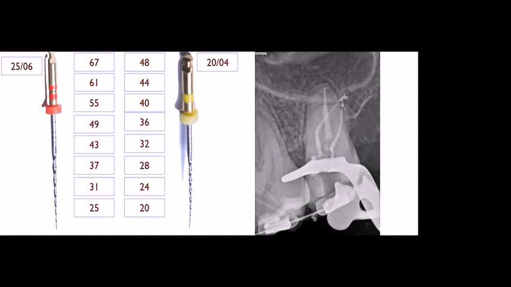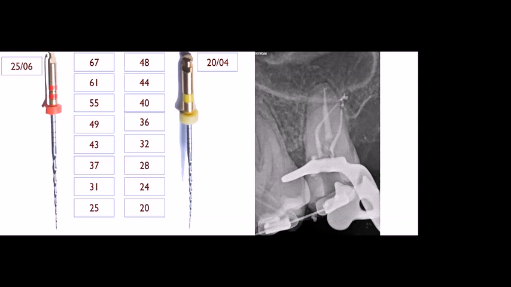It's 20 versus 25. But as the 25/06 has a taper of 06, if the curvature is located 7 millimeters short of the major foramen, as in this case, the diameter of the file at that point is 67. On the other hand, if we use the 20/04, the diameter of the file 7 millimeters short of the working length is 48.